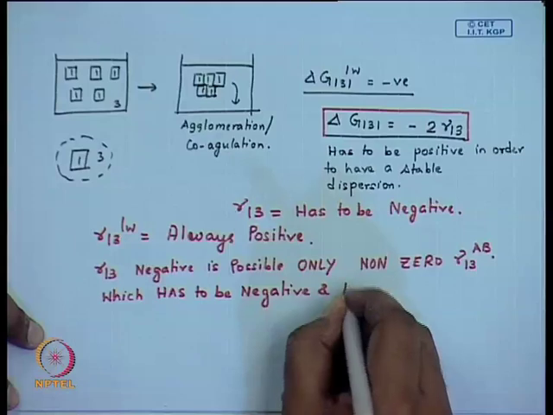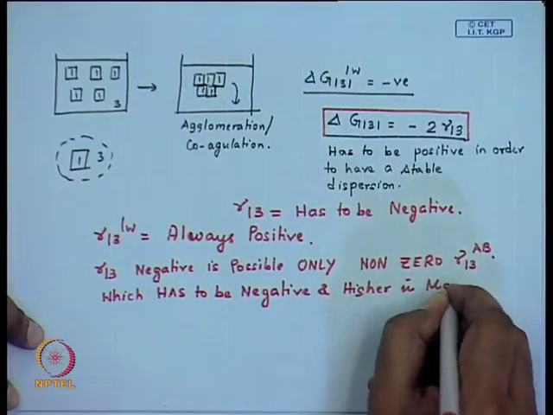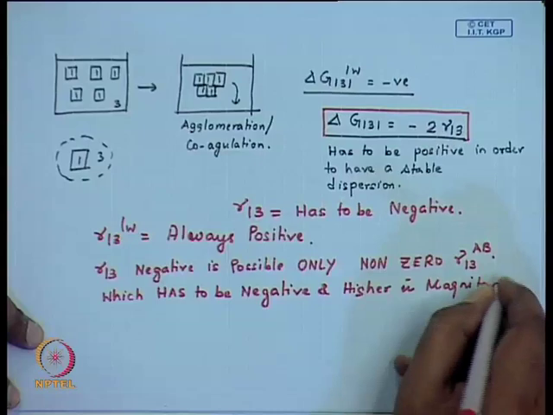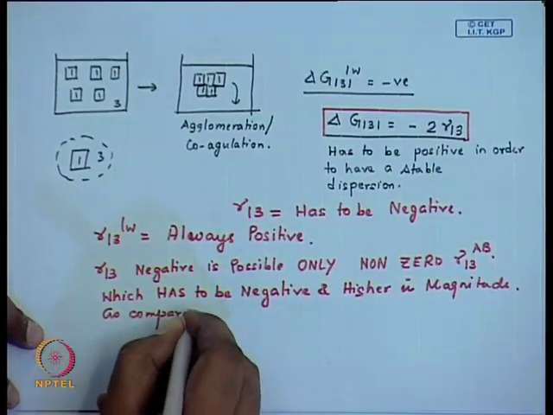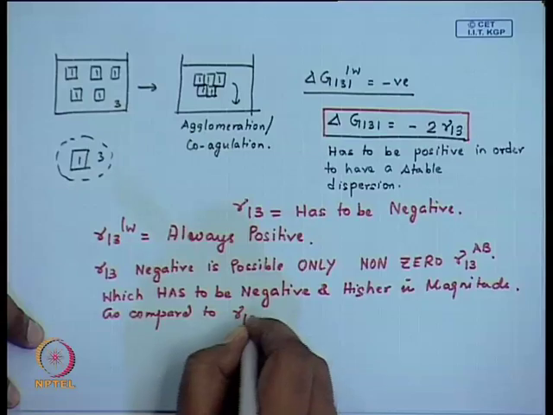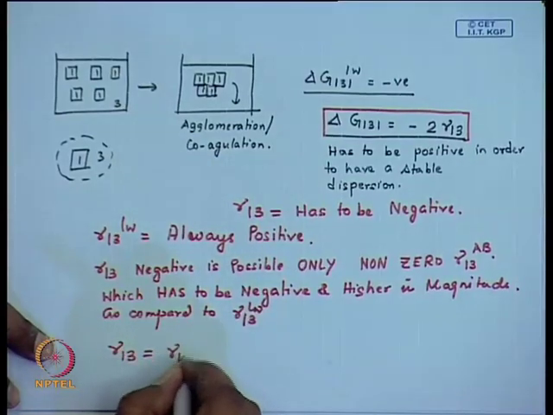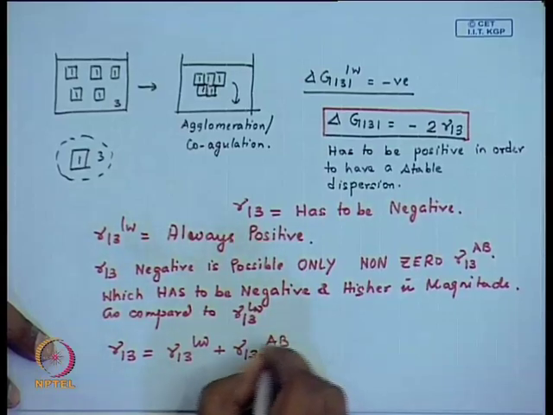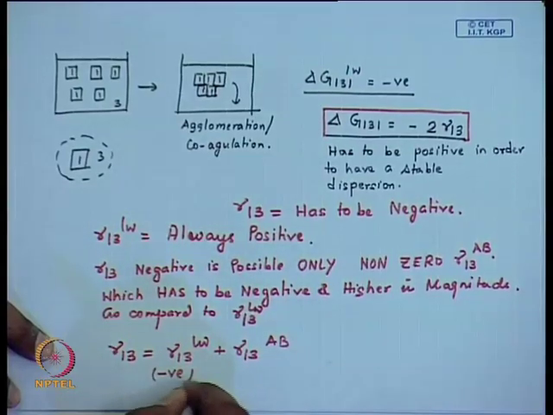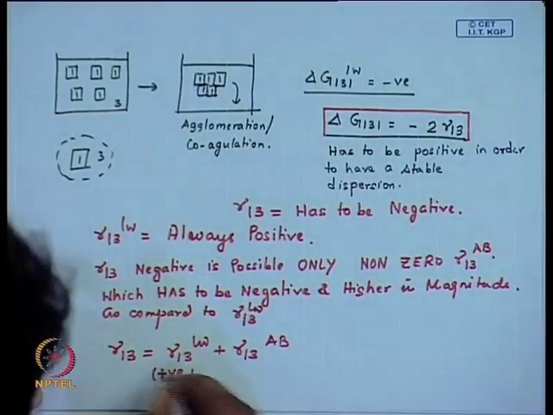and higher in magnitude as compared to gamma 13 LW, because gamma 13 is gamma 13 LW plus gamma 13 AB. This is always positive.